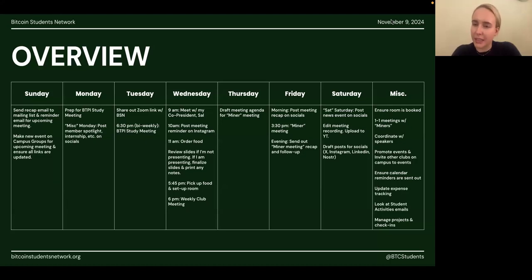Coordinating with the other people that you're leading the club with if you're having anyone come to speak. You want to make sure that you're keeping track of your expenses, that all of the calendar reminders are sent out. If you're running projects, doing those check-ins, and then also thinking about ways to engage other clubs on campus. And we're going to get into some of these points, but wanted to briefly touch on it then.